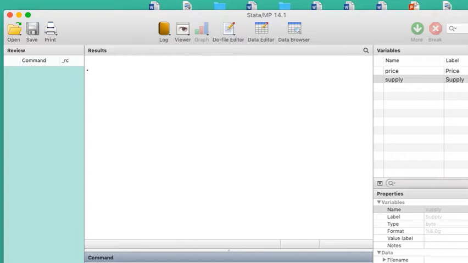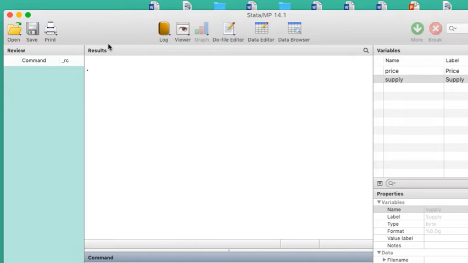You have to go first to Graphics, then to the scatter plot matrix. In scatter plots, one more box will pop out. In that you have to add the variables. Here we have two variables, price and supply. Then you have to press OK. The scatter plot will appear on your screen.